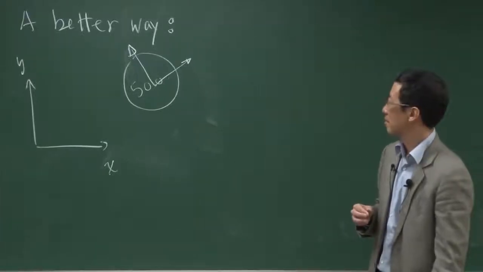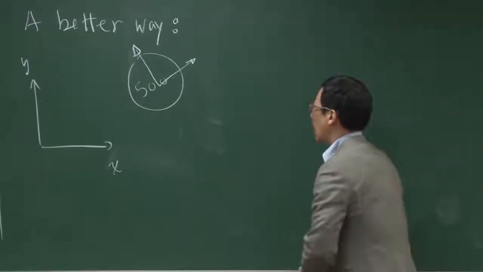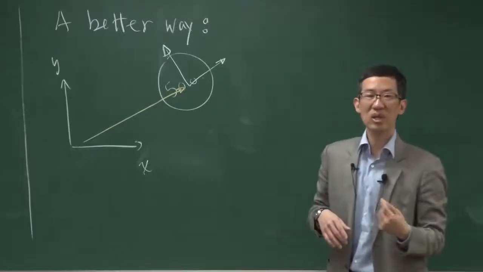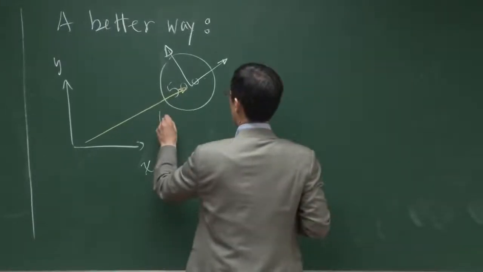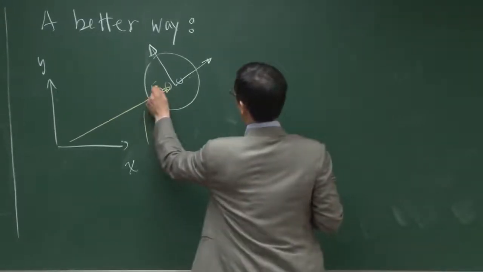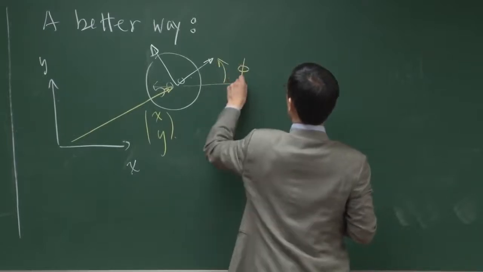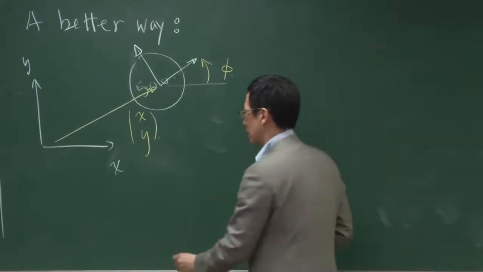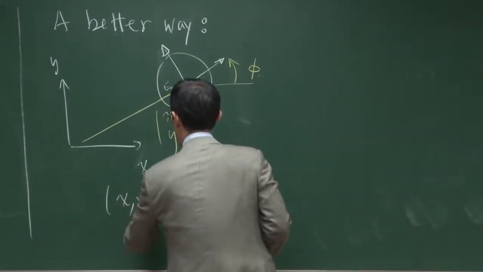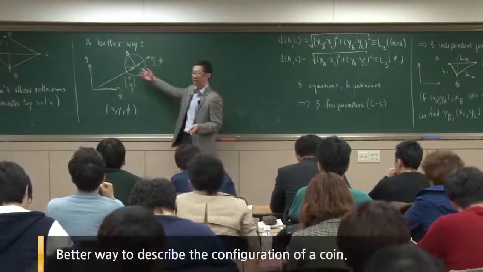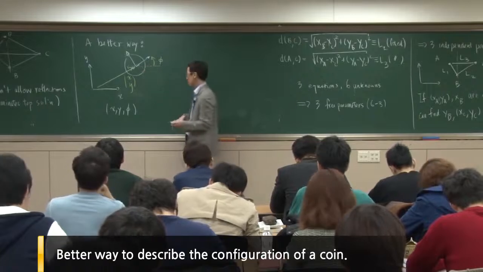Let's attach a reference frame at the middle. I'll say that this vector to the origin of the coin has coordinates x, y, and the angle of the frame, this angle, let me call that phi. So now I can just use the coordinates x, y, phi to describe the position and orientation of this coin.